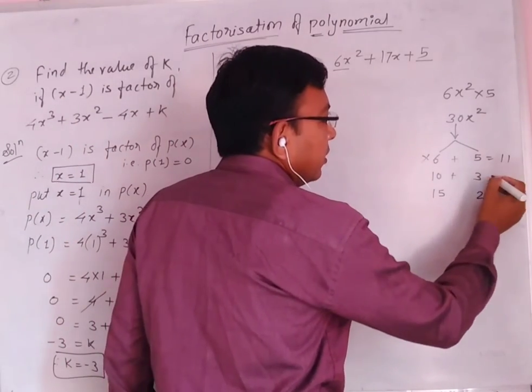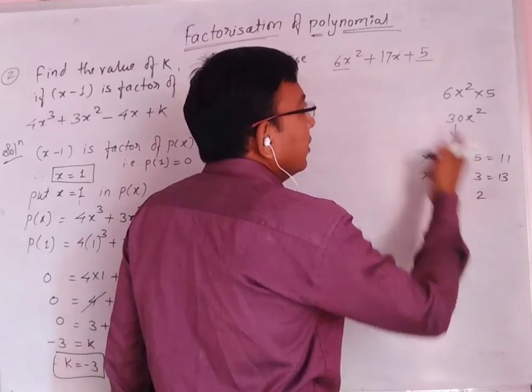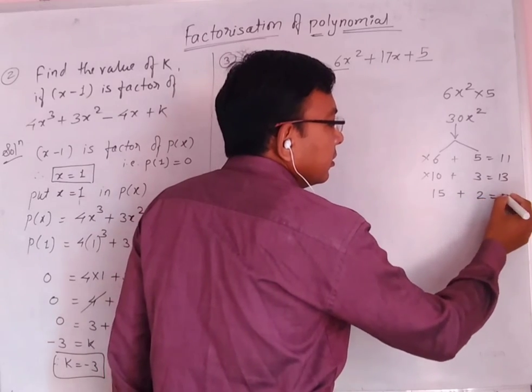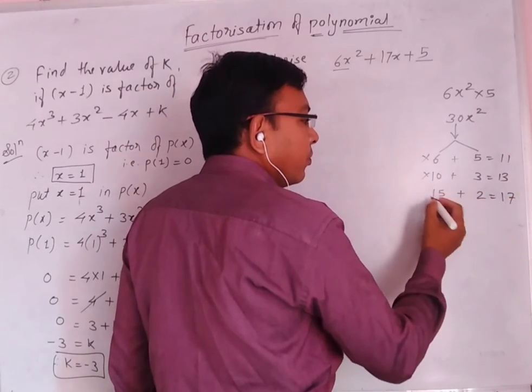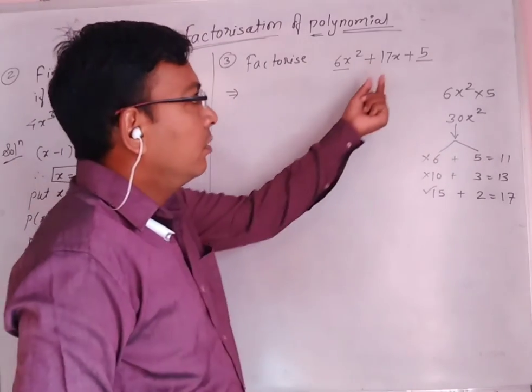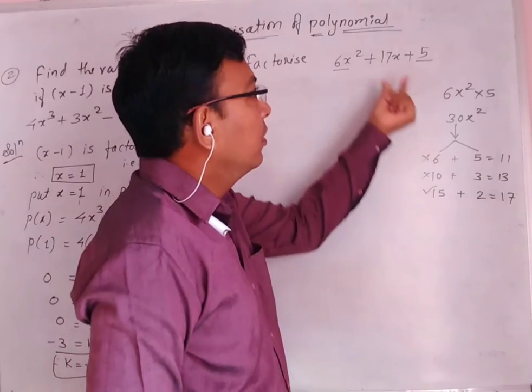And 10 plus 3 equals 13, but we want 17. 15 plus 2 is 17. So the factors 15 and 2 work, and we will put 15 and 2 in the middle term.